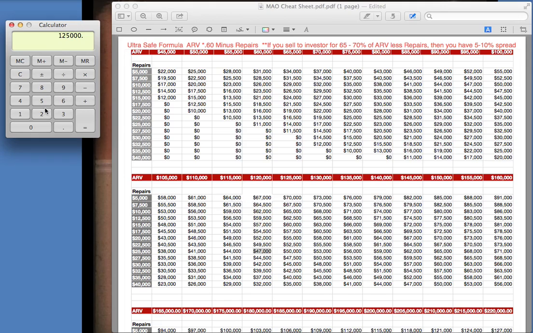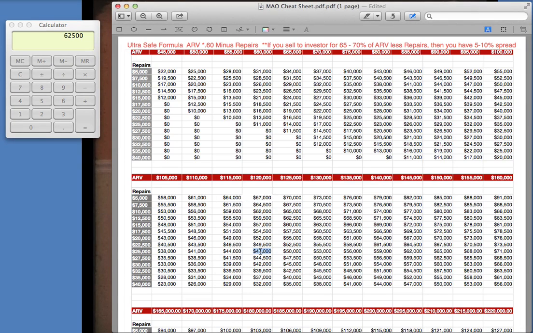So, $125,000 times, let's use 70%. And it needed $25,000 in repairs. You're going to sell it to your investor somewhere around $62,500. So you can see you have $47,000 you're going to offer the seller.